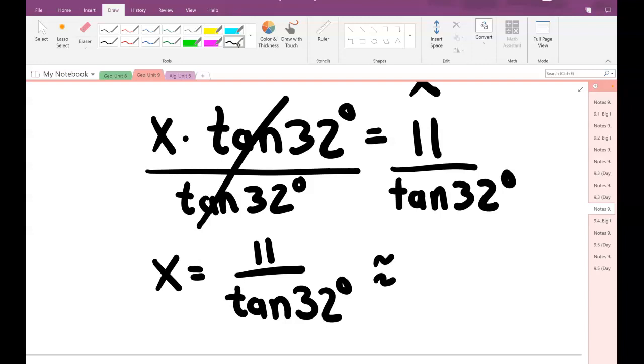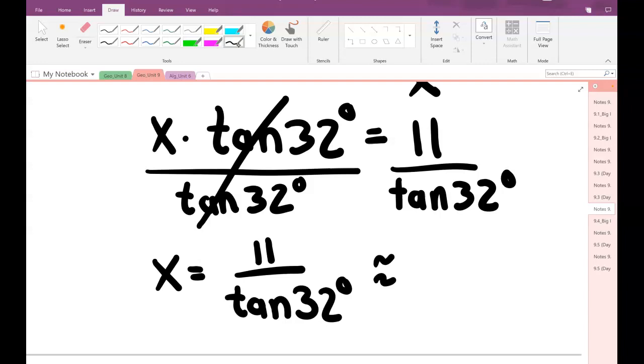So moving forward, whenever you're doing tangents, really for the next few days, everyone's going to need a calculator to do this. Tangent of 32, I don't think anyone really knows it off the top of their head unless they memorize that kind of thing.